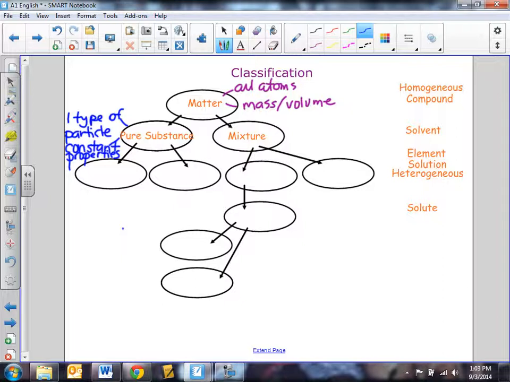Now we'll talk about what some properties of substances could be in a few minutes, but a property, for example, would be boiling point. What temperature does it boil at? A pure substance would always have the same value for that. A mixture then would have more than one type of particle, and it would not have constant properties.